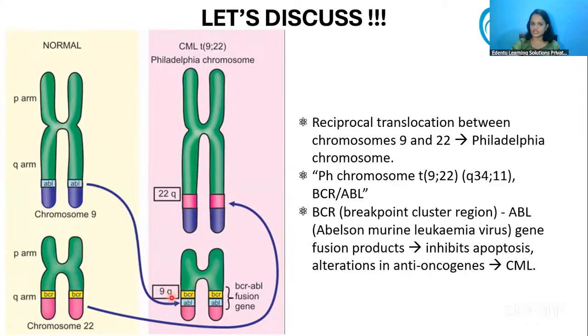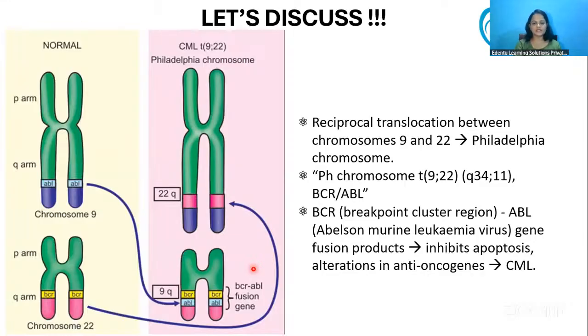That fusion gene formed in CML is called the BCR-ABL fusion gene. Such a mutated chromosome seen in CML is called the Philadelphia chromosome.